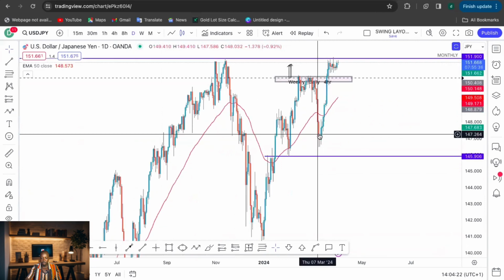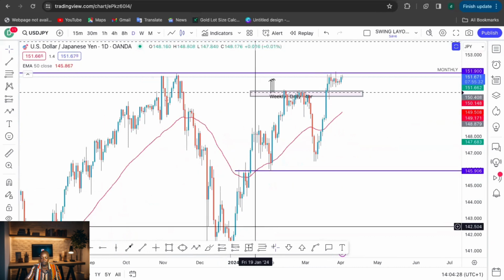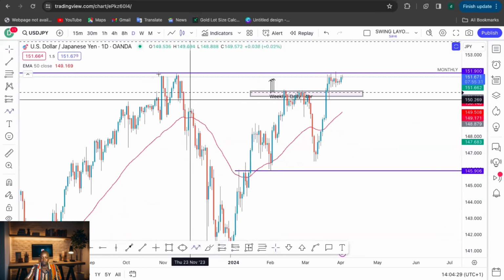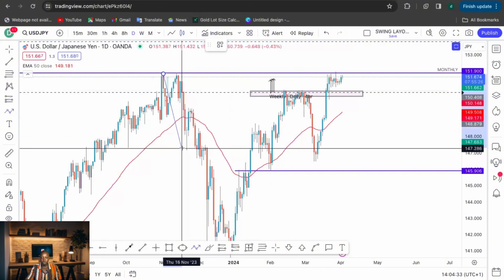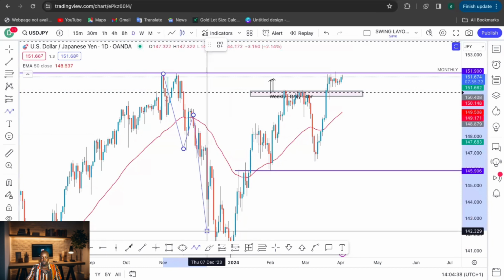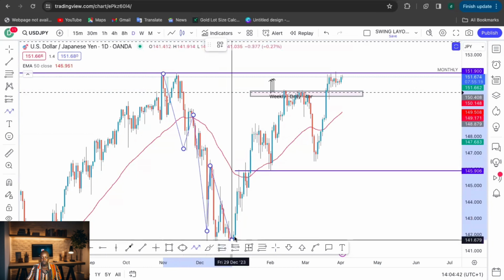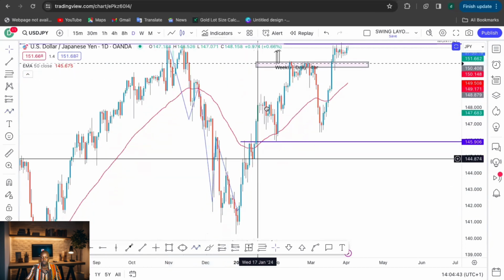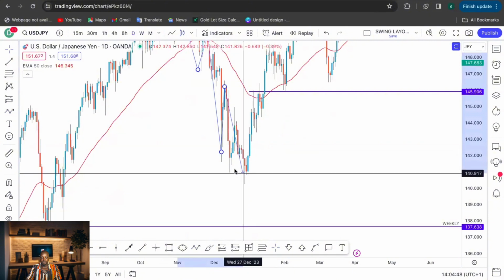If you look at the market, it's making a high to low, to lower high, to lower low, to lower high, to lower low, lower low over here.